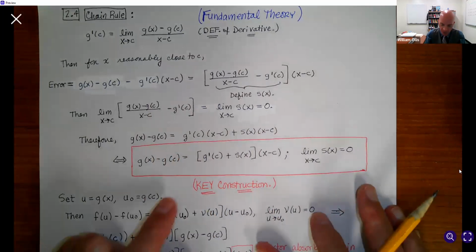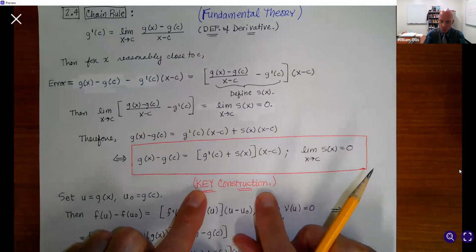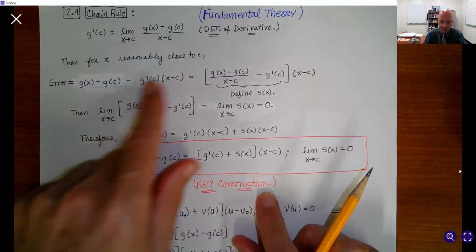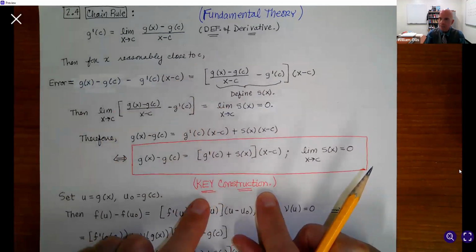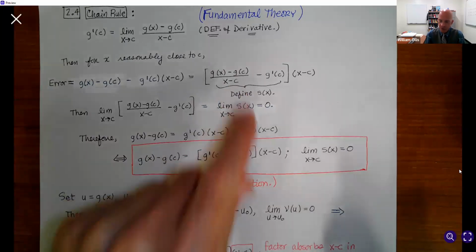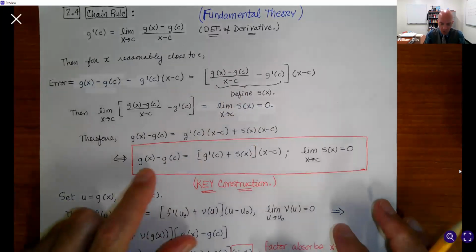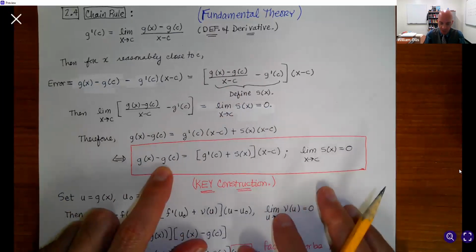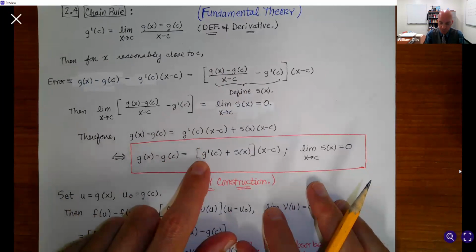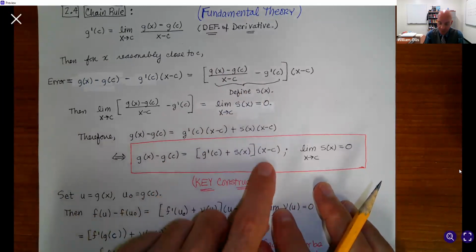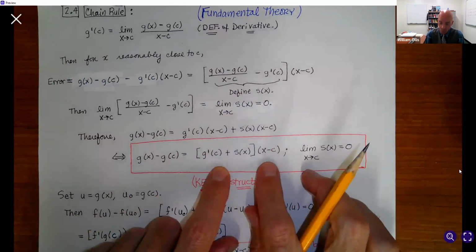So now I just put it in a box and called it a key construction, because all we've done is use the definition of derivative and manipulate the definition of the limit in a way to come up with this function s of x. And so now we see the difference, g of x minus g of c, is just g prime of c plus s of x, factoring the x minus c in a more convenient form.